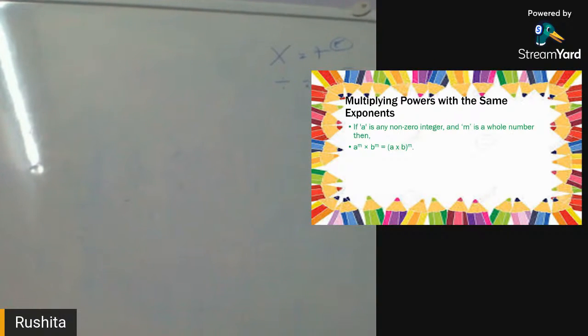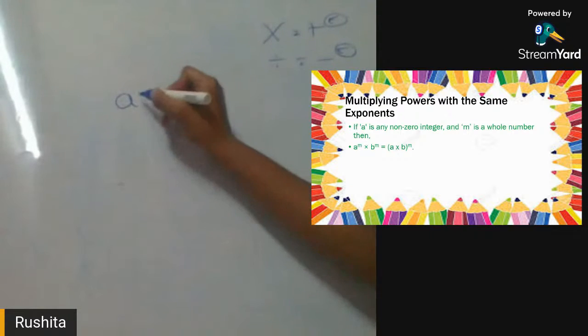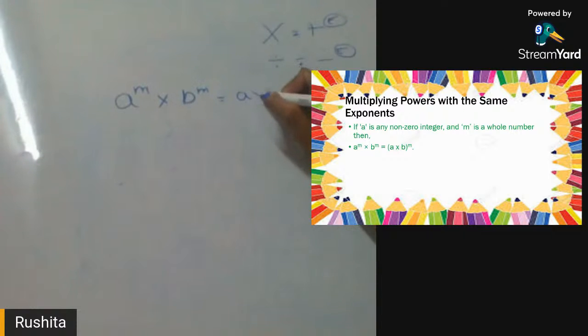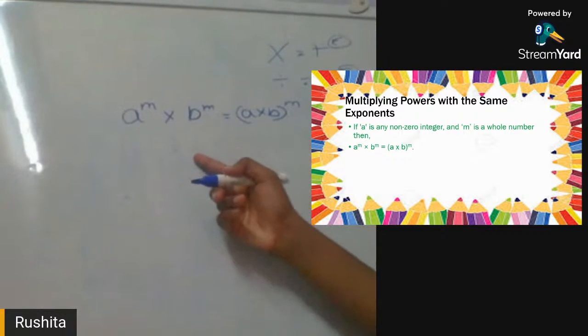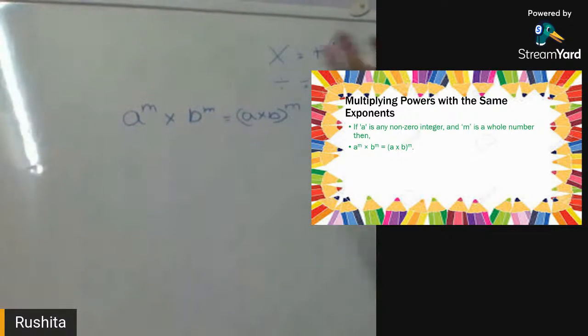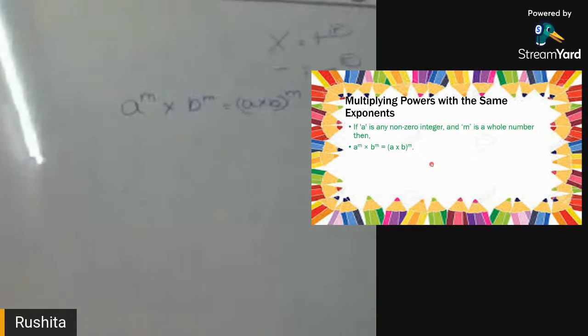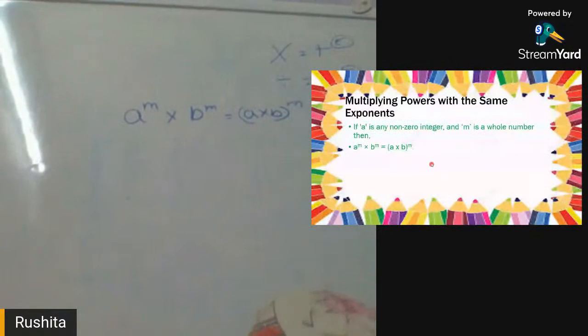As always, we know a is a non-zero integer, and this is the formula. Now we are going to see examples.